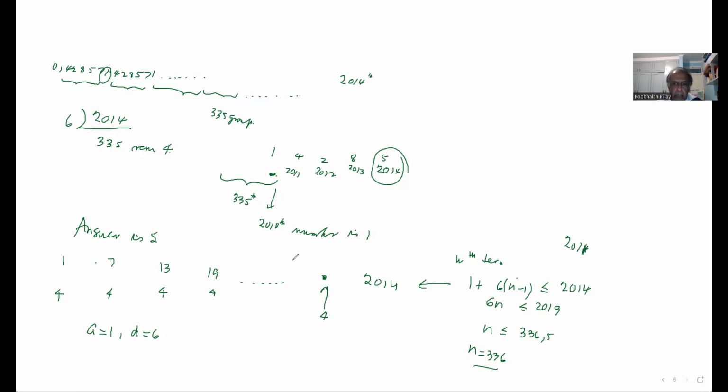It's the last number in the sequence, because you're looking for the largest value of n which satisfies this inequality, and you will see that it's going to be that. So the 2011th one is 4, right? There it is. You can see the 2011th one is 4. And you can track your way to 2014. So you could have solved it in that way as well.